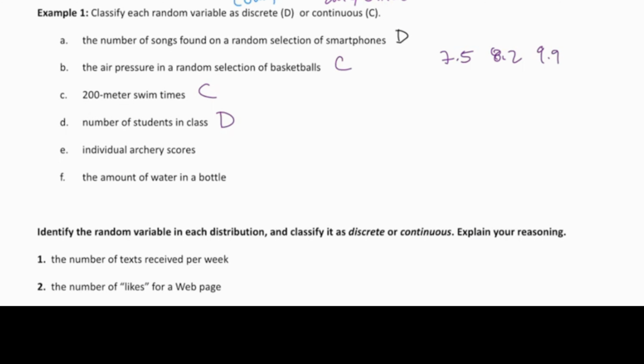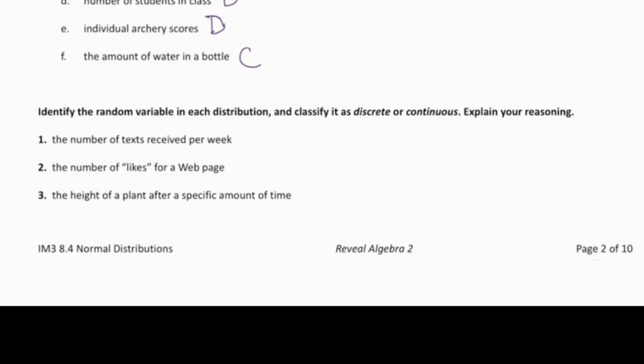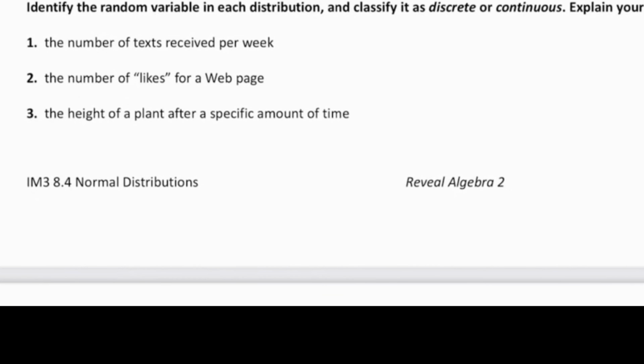You can count them, so that is discrete. And the amount of water in a bottle, you might think, well, they all have the same 16.9 ounces, but that's not true if you actually measured all of them. So this one would be continuous because there is a range which we would find. Okay, go ahead and do questions 1, 2, and 3 as our practice, and then go ahead and press play when you want to see the answers.